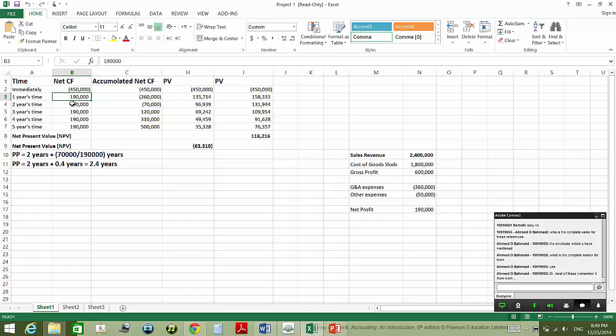So, what is the net present value for this investment? You have to calculate the net present value using the following equation.